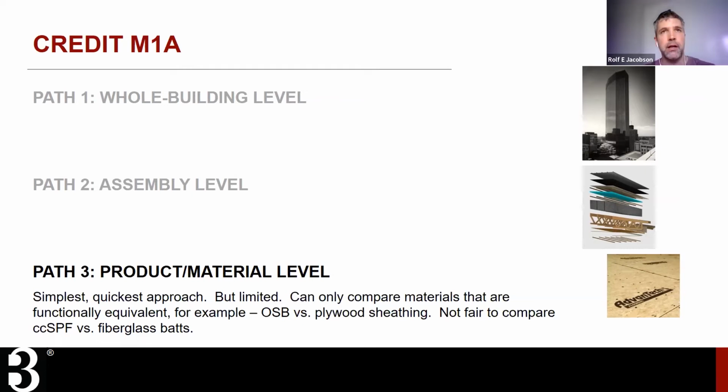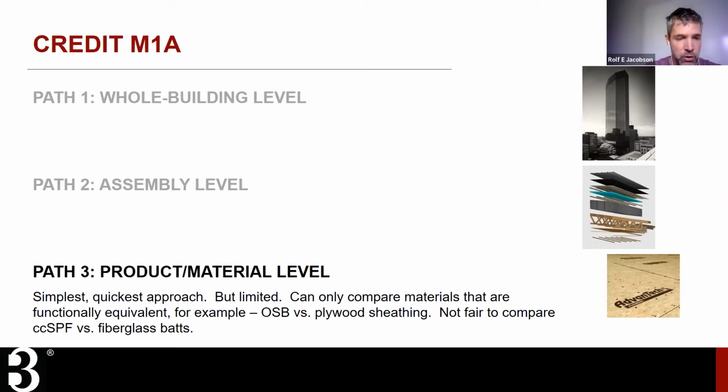You can only compare materials that are functionally equivalent. So for example, OSB and plywood sheathing, you can select which one you want to use for your project. It wouldn't be fair, for example, to compare closed cell spray foam with fiberglass bats though. And this gets back to that term of functional equivalence, because fiberglass bats don't provide all the functions that closed cell spray foam provides.